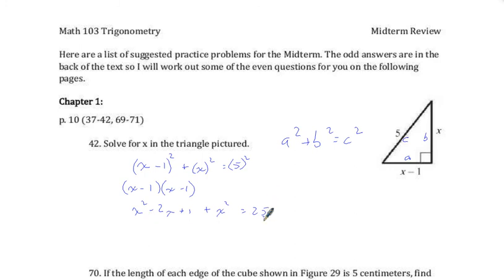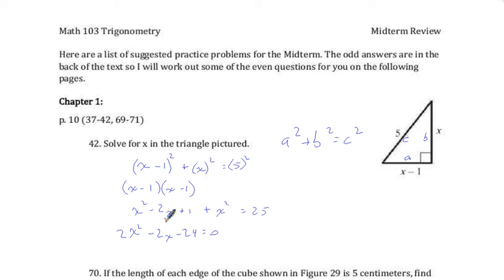I'm also going to subtract the 25 from both sides and have 2x squared minus 2x minus 24 equals 0. Since this has an x squared term and an x to the first term, we need all of the terms on one side of the equal sign, set the whole thing equal to 0 in solving this quadratic.